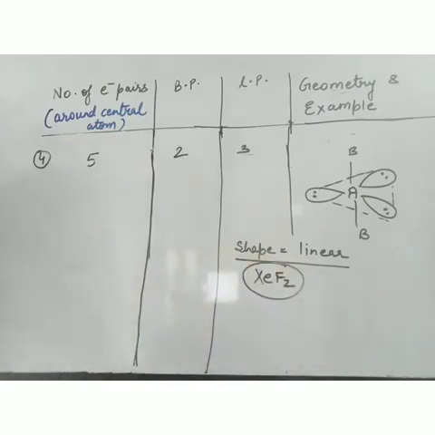Now this is again an exception to octet rule, because according to octet rule noble gases do not make any compound, but here there is a compound of xenon, that is xenon difluoride. Now all the equatorial positions are occupied, so there is no place to keep the lone pair, so it's up to only 3 lone pairs.